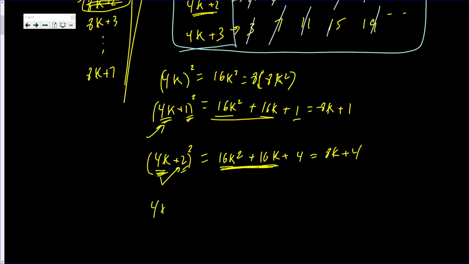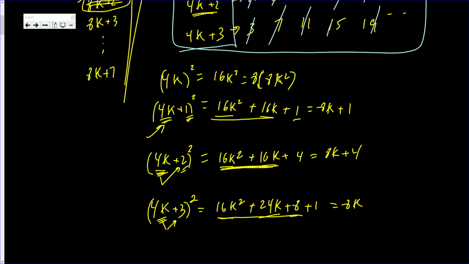And if you take 4k plus 3 and you square it, you're going to get 4k squared, which is a multiple of 8, plus 4k times 2 times 3, which is still a multiple of 8, plus 9, which I'll write as 8 plus 1. Multiple of 8, multiple of 8, multiple of 8. When you add them, you get a multiple of 8 plus 1.